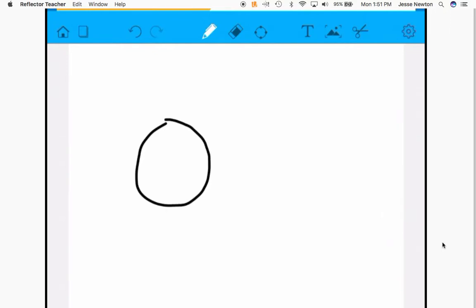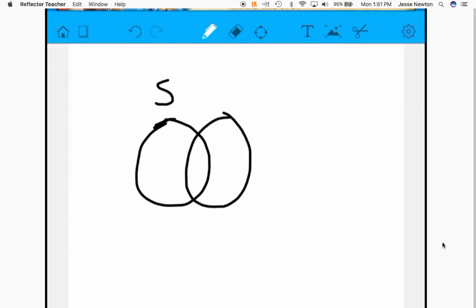But we have one circle, and then we have another circle. And each of these circles represents a class of things. So we're going to use the letter S to represent the class called S, and then another circle to represent P. And notice that we have three regions.